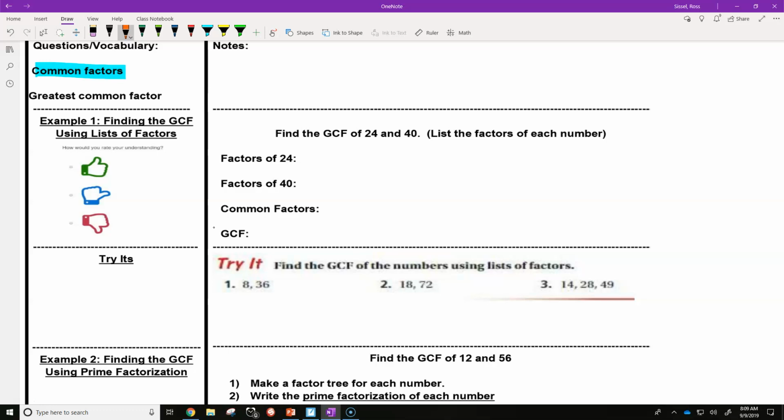Factors are numbers multiplied that give a specific product.